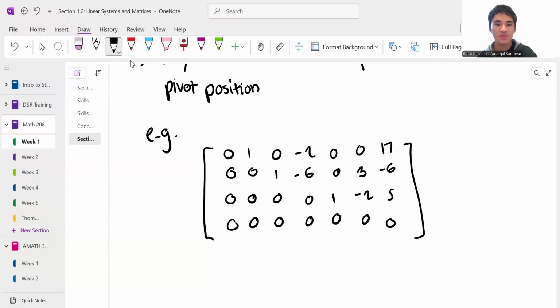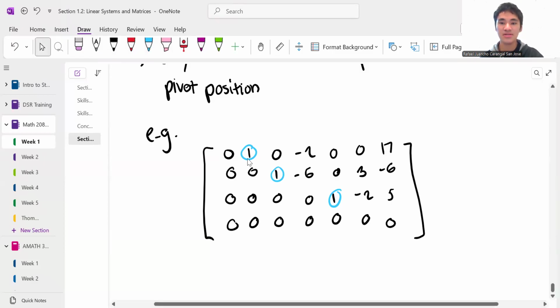Okay, so is this in reduced echelon form? Well, for one, it is in echelon form. Why? The pivots are where? Pivots are here, here, here. And I'm just going to say they're in descending order. That sounds better than saying the leading term to the column at the left is blah blah blah.